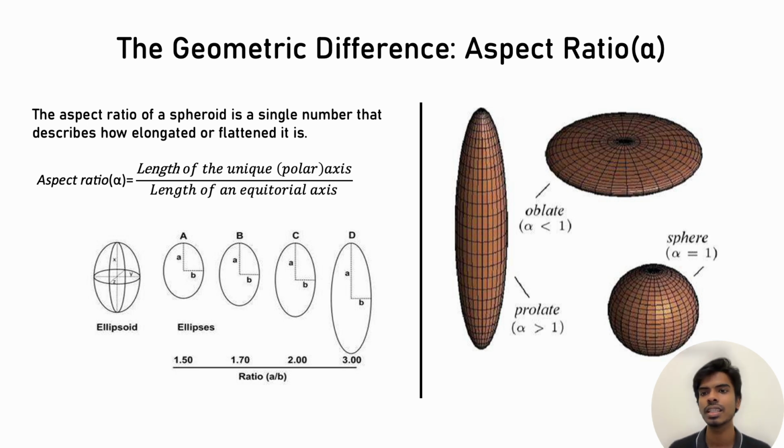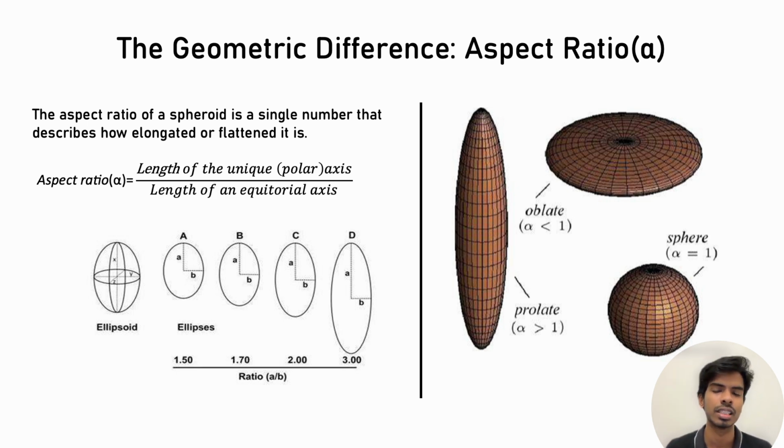Ellipsoids are the general type, which we can define by three terms: A, B, and C. A and B are defined in terms of the minor and major axes, as in 2D ellipses, but for a 3D ellipsoid there is a third axis that we call C. For a general ellipsoid, these are the defining factors of its shape.